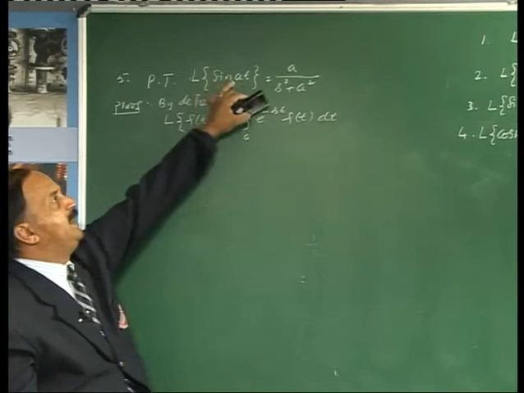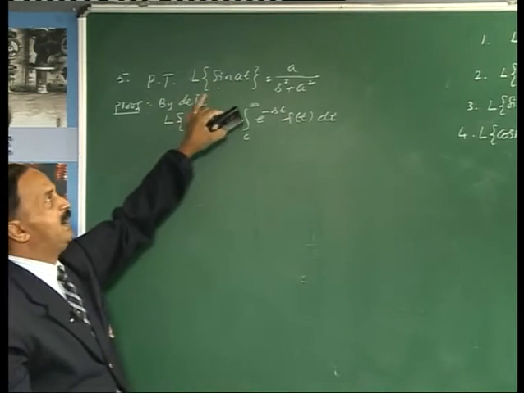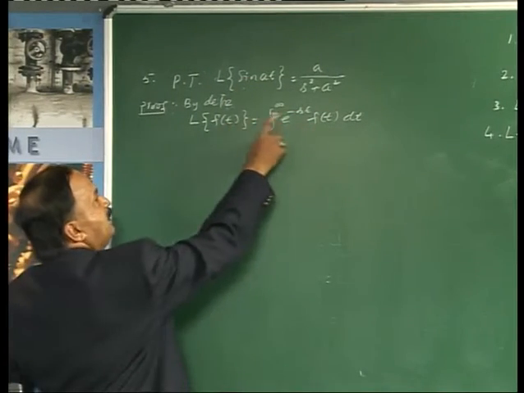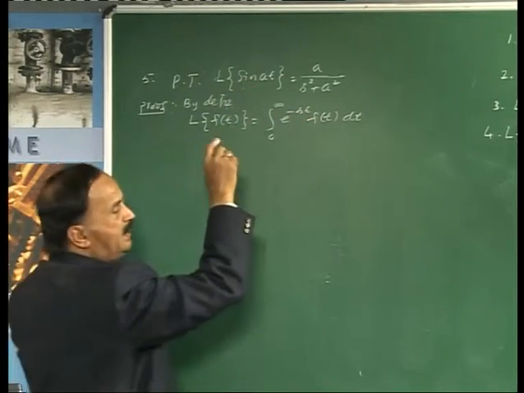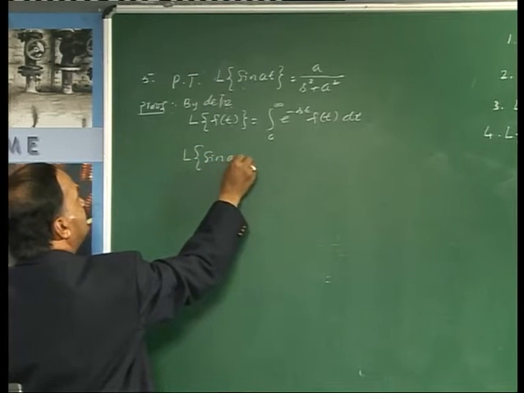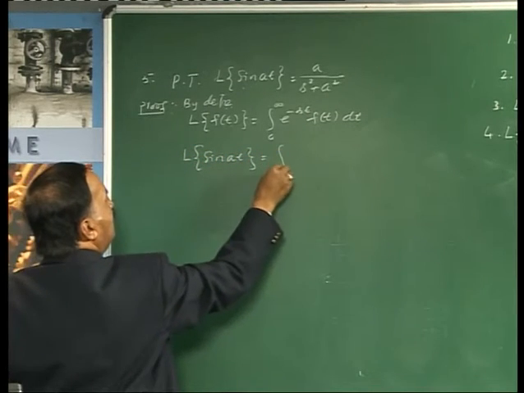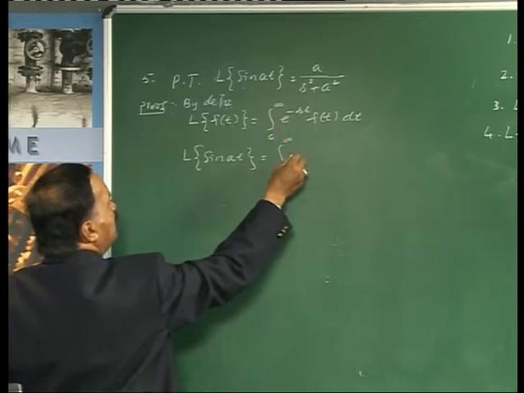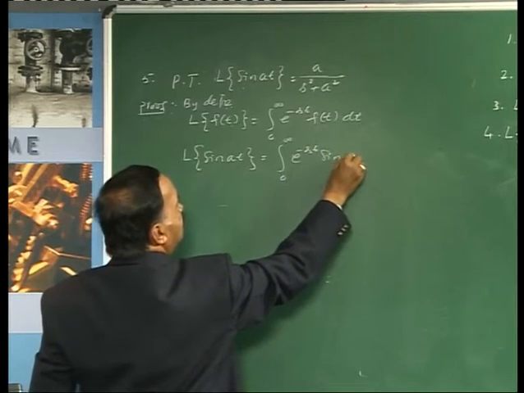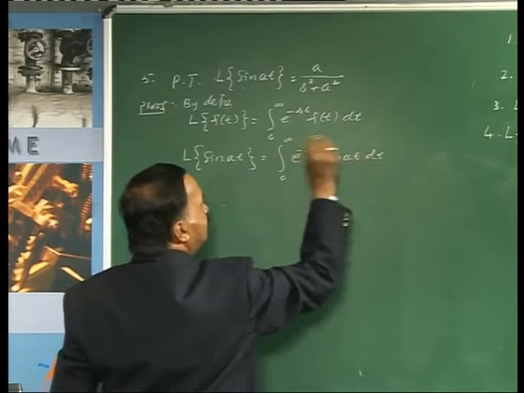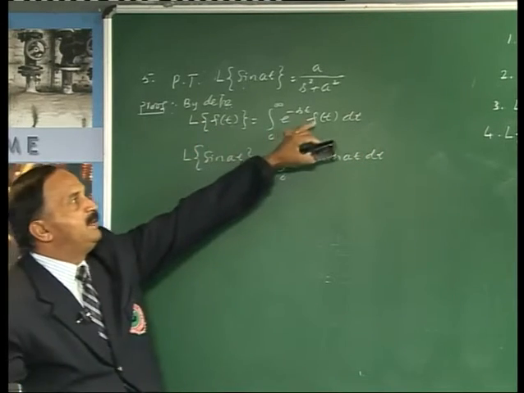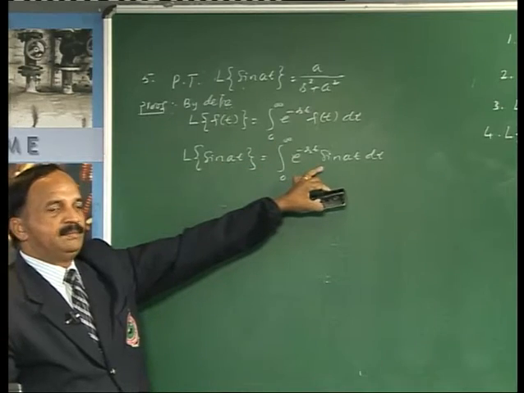We want L of sin at, which means in place of f of t you write sin at. Then L of sin at is equal to integral from 0 to infinity e to the power of minus st into sin at into dt.